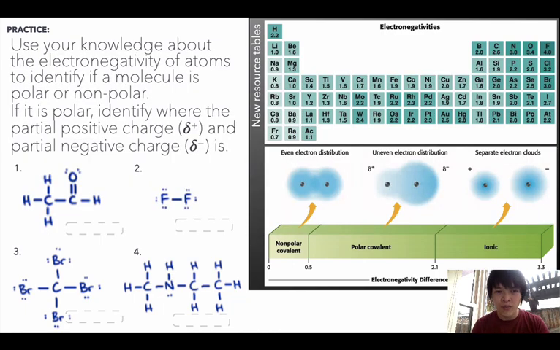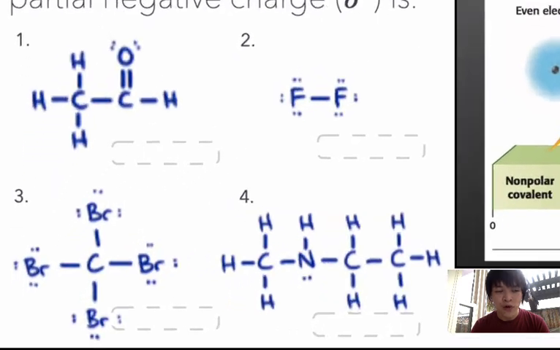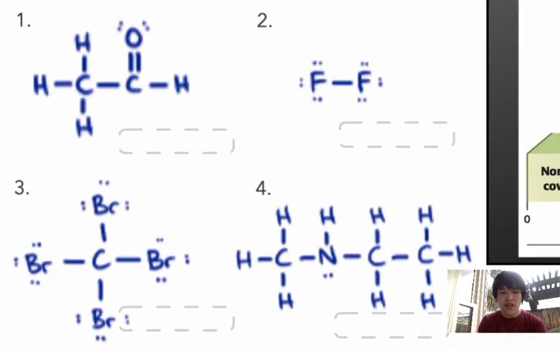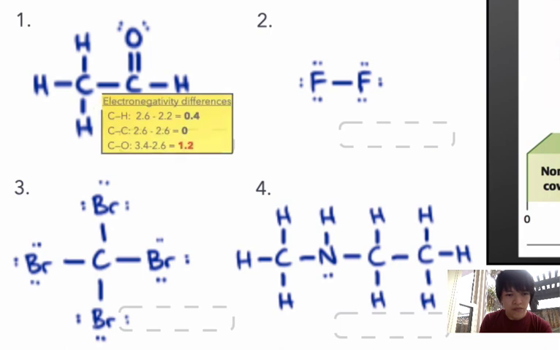I'm going to go through it one by one this time. For the first molecule, we're going to have to calculate all of the different electronegativity difference values between all of the bonds here. I think there are 3 types of bonds here: the carbon-hydrogen bonds, the carbon-carbon bonds, and the carbon-oxygen bonds.